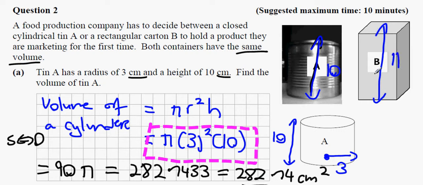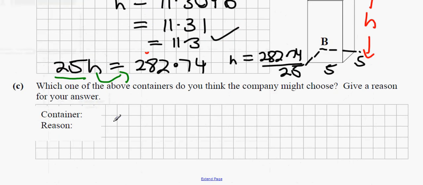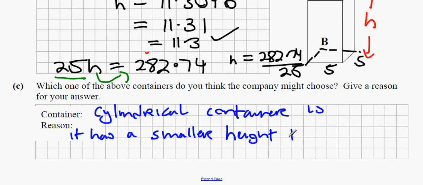So I'd use the cylindrical container, and the reason why is it has a smaller height than the box container, which means you could pack more in.